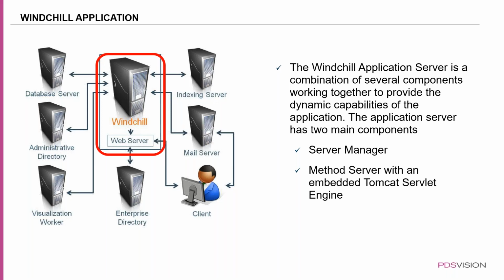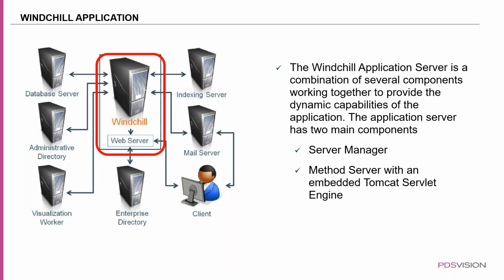With the method server, you could have multiple method servers, or you could have a method server and a background method server. A method server would process the type of requests where you're searching for information, opening something in Windchill, or creating a user. Those are activities that are handled in the method server servlet.